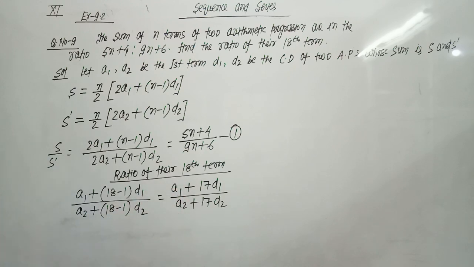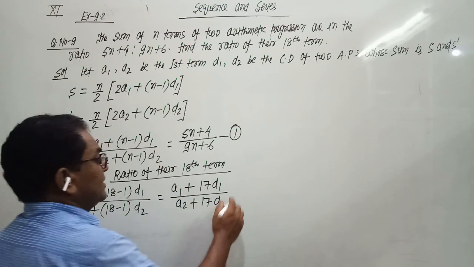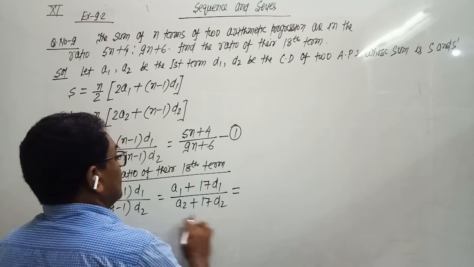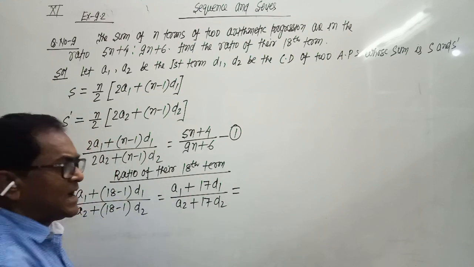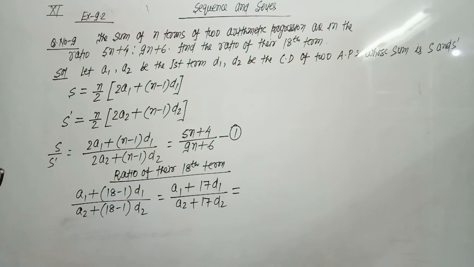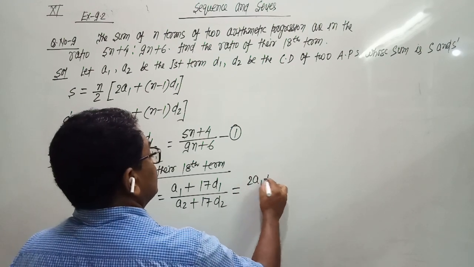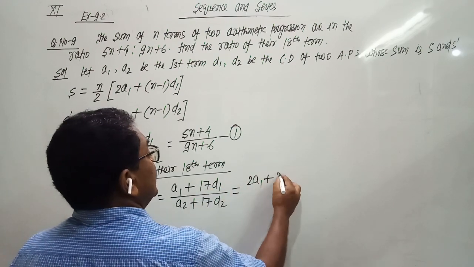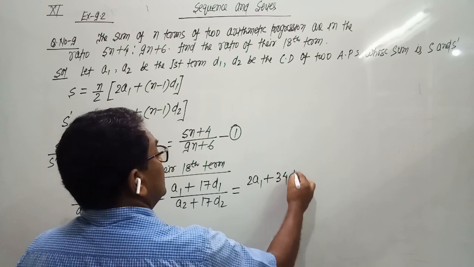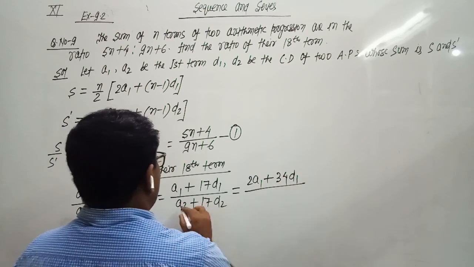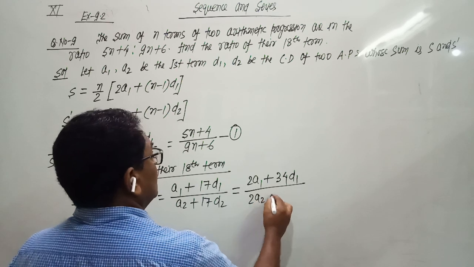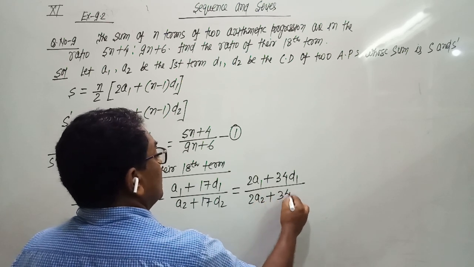Now multiply the numerator and denominator by 2. Then we get 2A1 plus 2 into 17, that is 34D1, upon 2A2 plus 34D2.